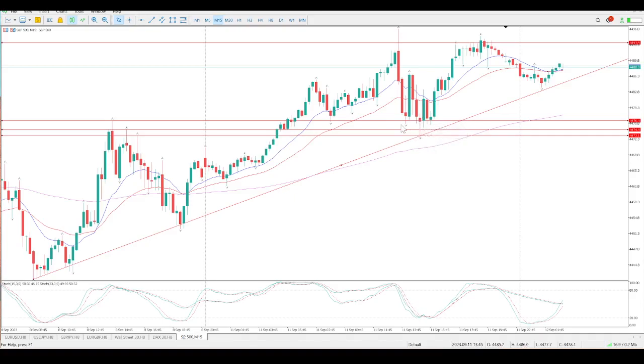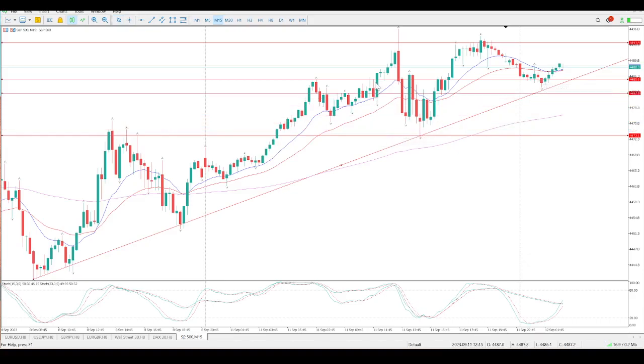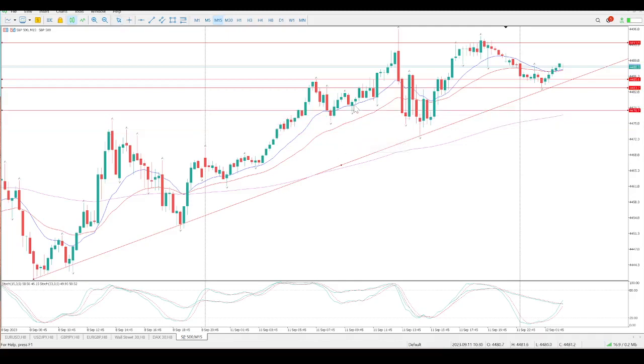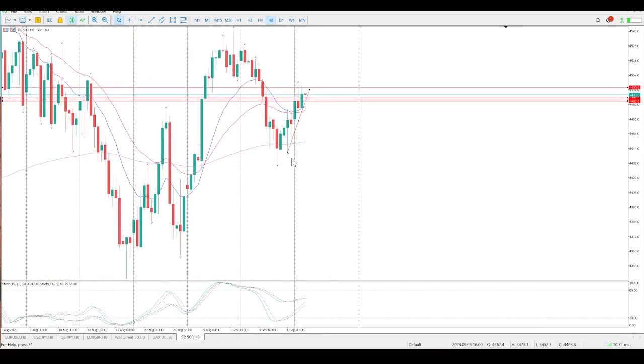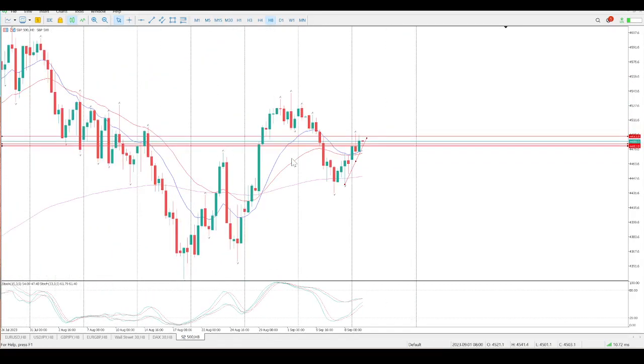Anyway, so for today, what we're looking for is a little bit more of the same, to be honest. So we have broken through this level. I'm just going to get the next one in, and we can basically just move our 3 levels up here, because there are your 3 levels, 1, 2, and 3. And I just want to get to the 8 hour, see if that lines up with anything.